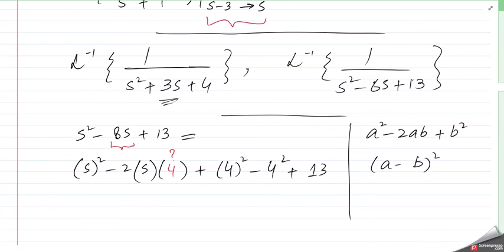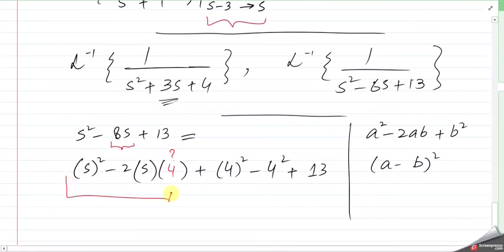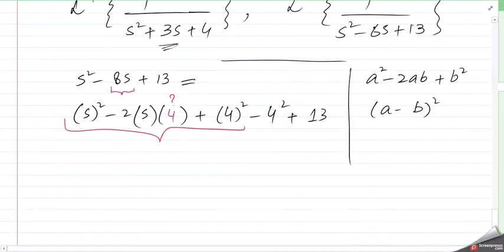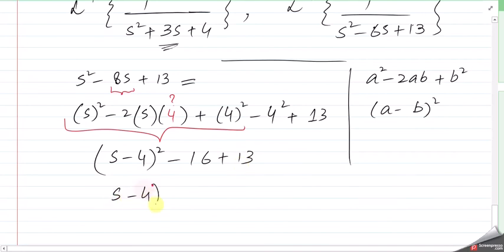Now this one makes a square, and that gives me s minus 4 whole square, and my extra terms are minus 16 plus 13, and that will make s minus 4 square minus 3.